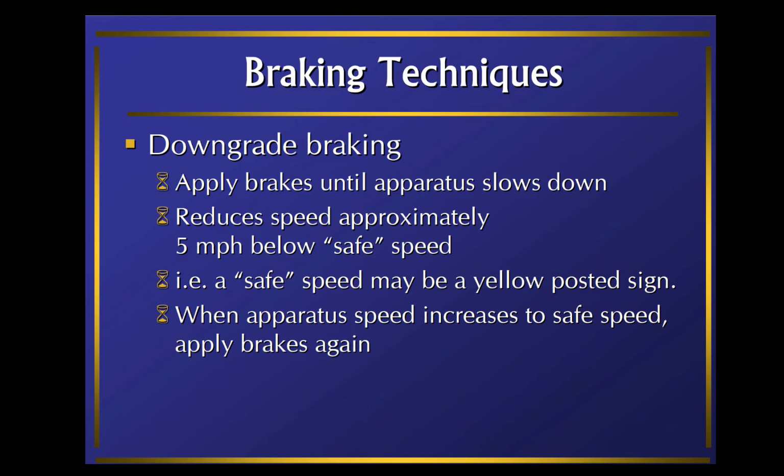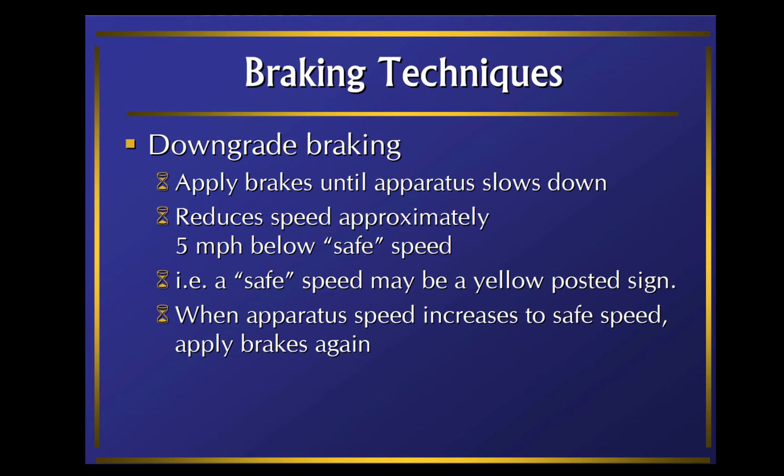Braking technique for downgrade braking is to apply the brakes until the apparatus slows down, and then reduce the speed approximately 5 miles below a safe speed. An example of this safe speed could be a yellow posted sign on the side of the downhill grade with a picture of a truck in it, and let's say it shows 40 miles an hour.